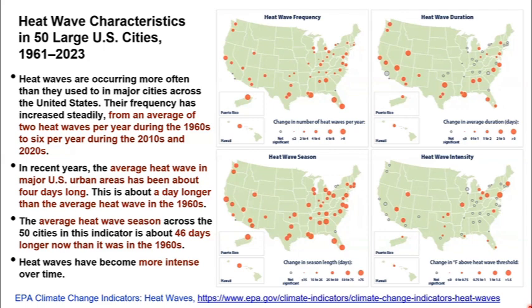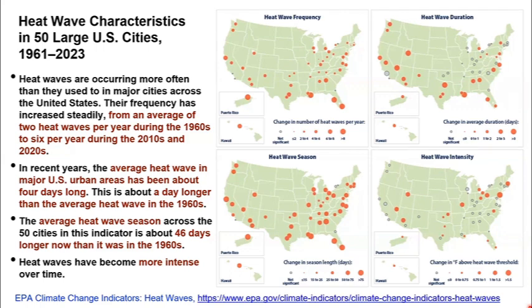For example, here is one EPA study on heat wave characteristics in 50 major US cities from 1961. For heat wave frequency, it used to be only 2 per year in 1960, and now you can have 6 heat waves every year.